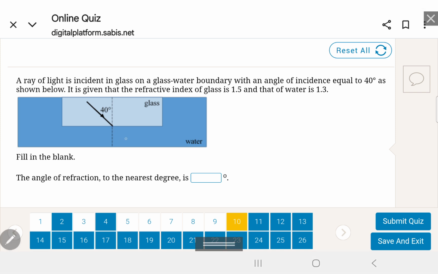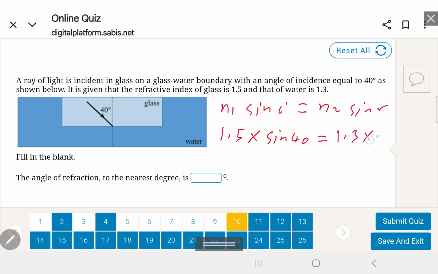We have to calculate. So n1 sine I equals n2 sine R. n1 is the refractive index of glass because it comes from glass: 1.5 times sine 40, that's the angle of incidence. n2, it goes to water, which is 1.3 times sine R, we don't know R. Now we divide both sides by 1.3.